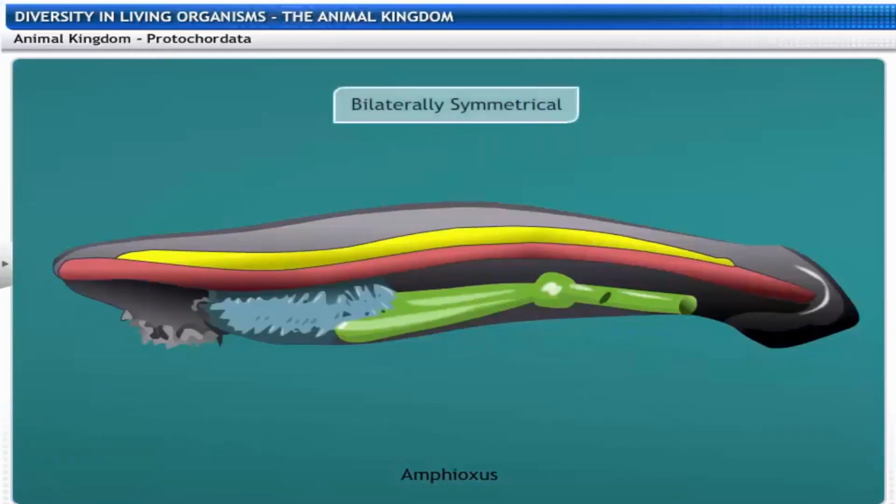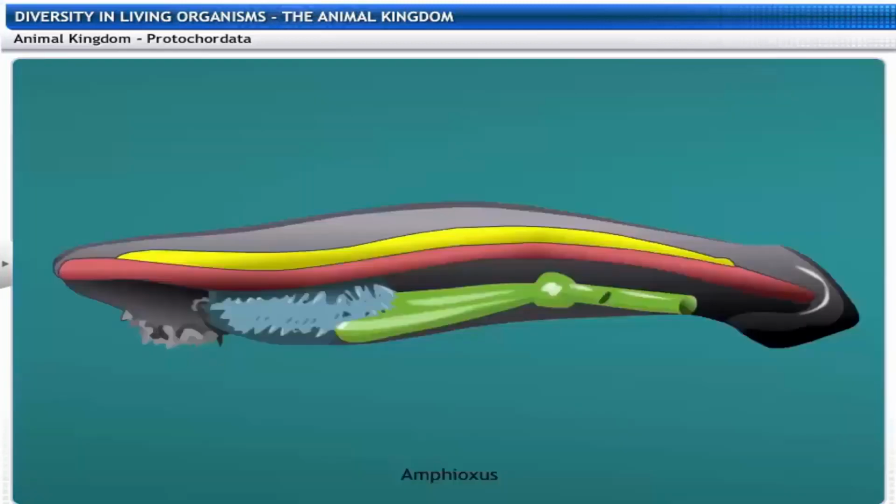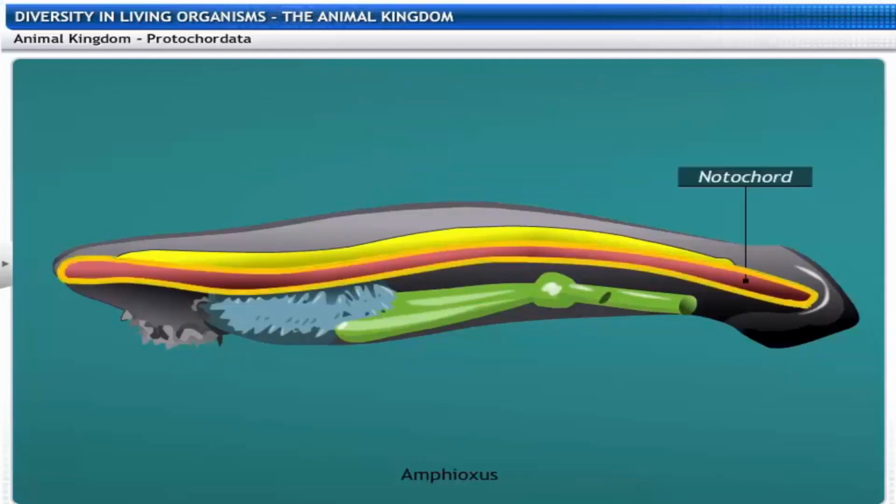Their bodies are bilaterally symmetrical. They are triploblastic and have true coeloms. Protochordates show a new feature of body design, namely notochord, at least at some stages during their lives.